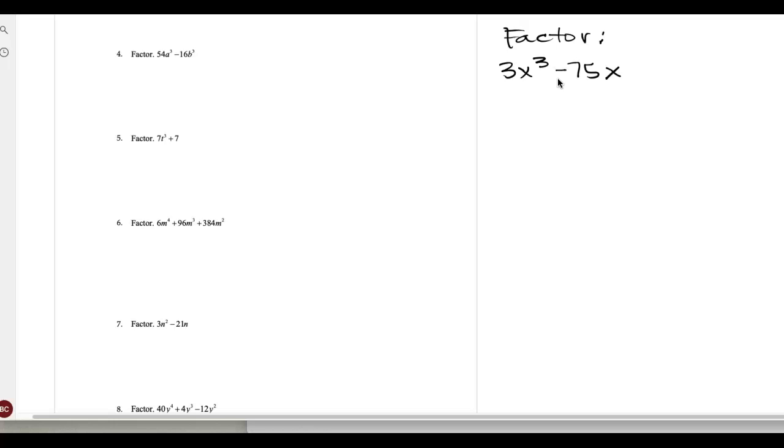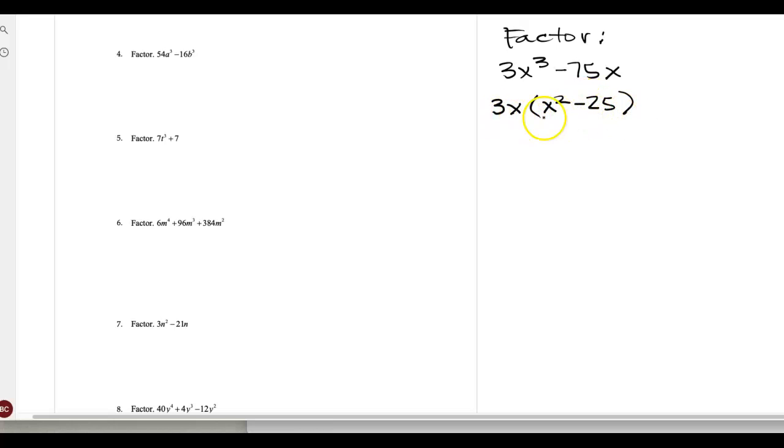Yeah, greatest common factor. What do you see as a greatest common factor with both of those terms? 3x. Yeah, so 3x can divide out of both of these, right? And when I do that, I'm left with x squared, and then 75x divided by 3x is negative 25.